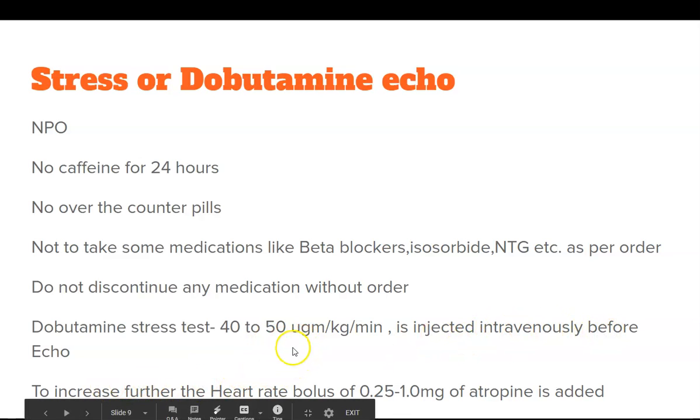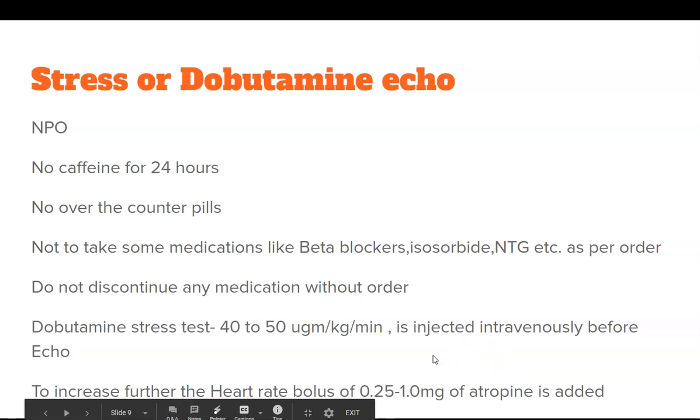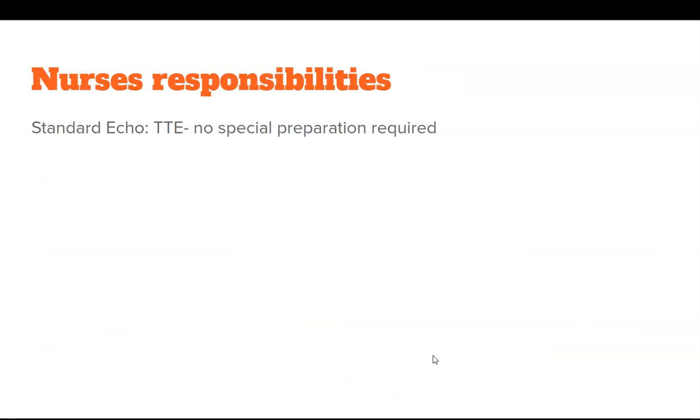And further, if you want to increase the heart rate, you cannot increase the dobutamine. What you can do is give atropine, 0.25 to 1 milligram of atropine can be given. Clear? So this is the role of the nurse in case of TEE or dobutamine.